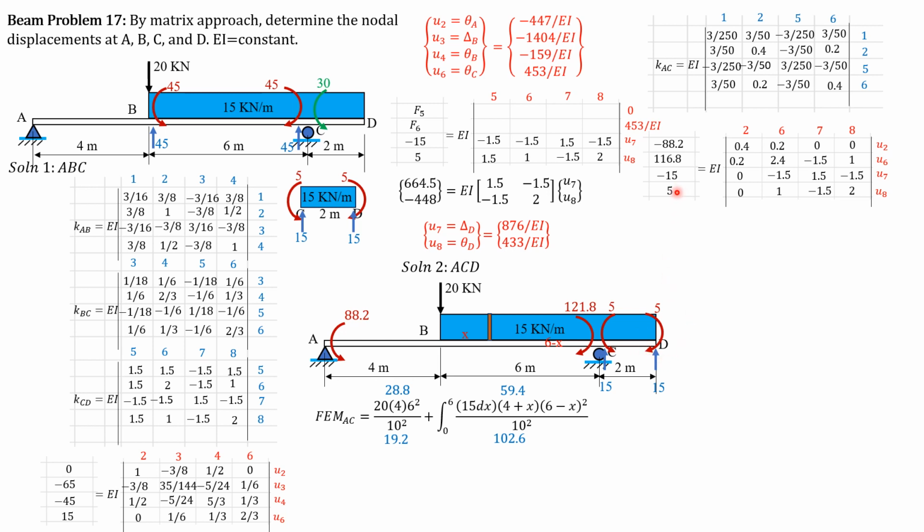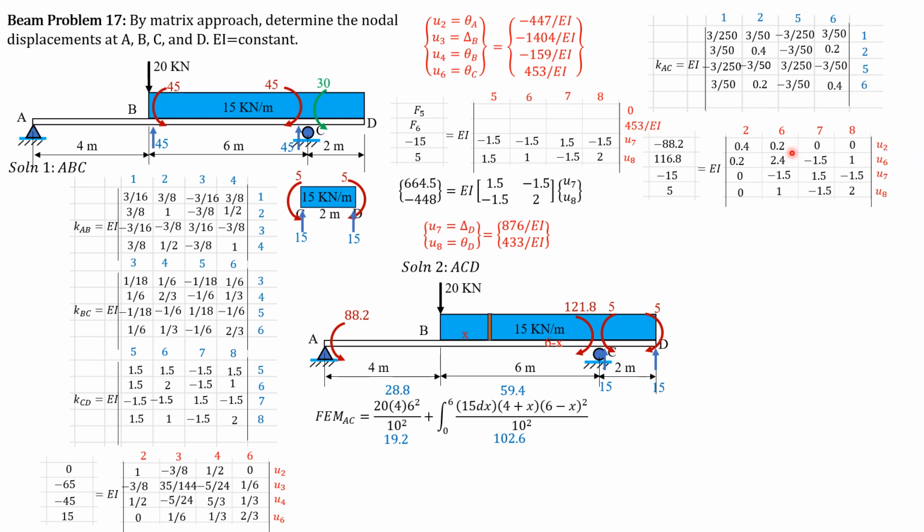Then take note that we consider only ACD. This is the stiffness of AC, 12 EI over 10 cubed. So it is numbered 1, 2, 5, 6. A is 12, C is 56. And you know already how to prepare this, generate these stiffnesses, and CD.